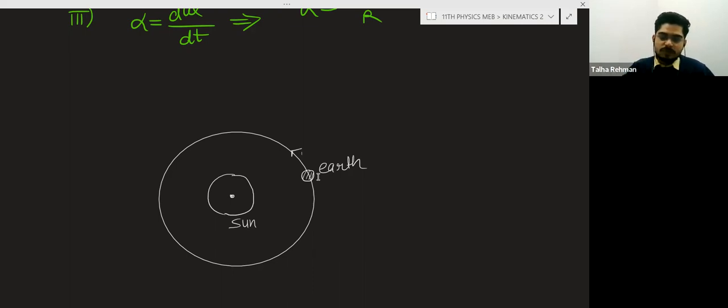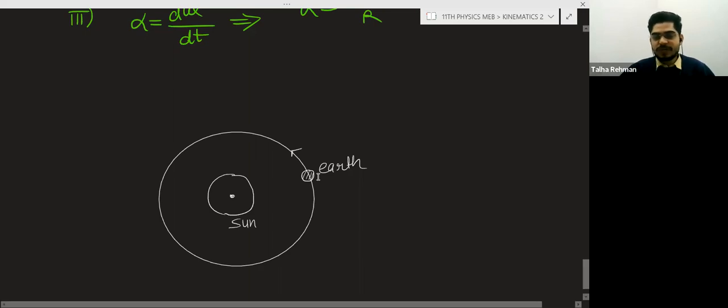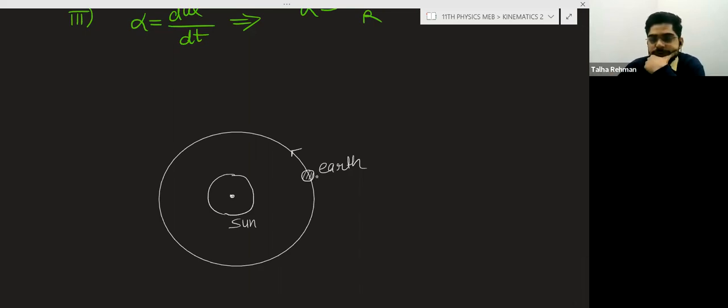Okay, and there is one more thing that I want to tell you. Each and every body has a natural tendency to move in a straight line.